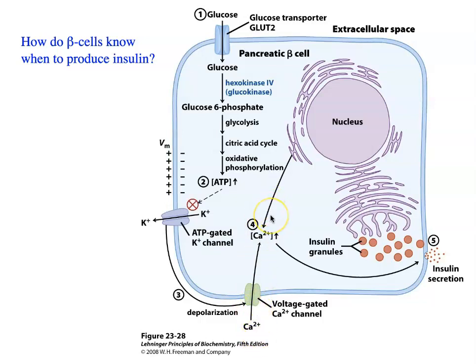And then that increased calcium concentration makes it possible for insulin granules to fuse with the cell membrane and release insulin into the blood. So there you go. Now you know how the blood glucose level controls insulin secretion.